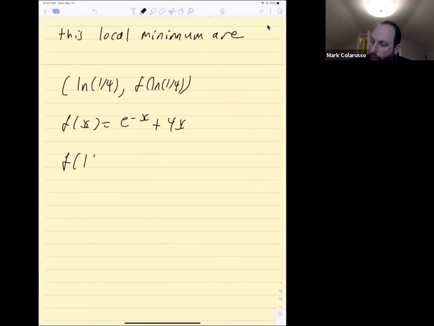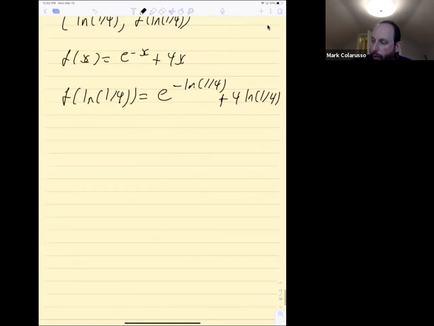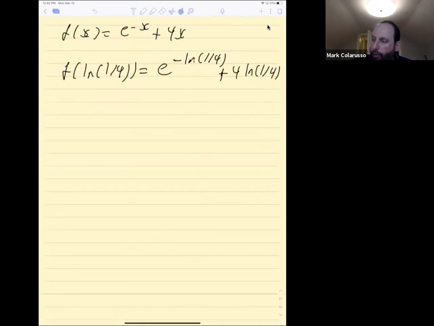So f of the ln of 1/4 is e to the minus ln of 1/4 plus 4 times the logarithm of 1/4. And we just computed that this was equal to 4.